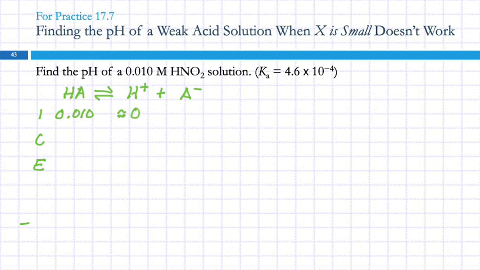Hydrogen ion approximately 0. That anion is 0. And then we look at the changes.